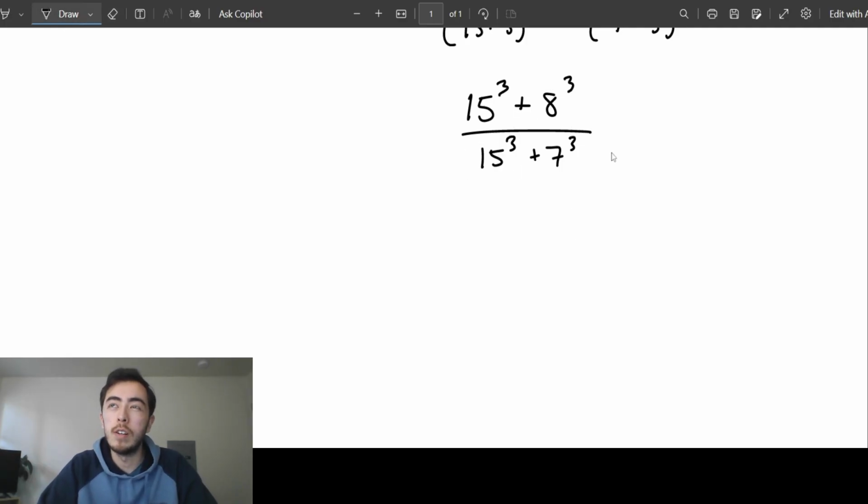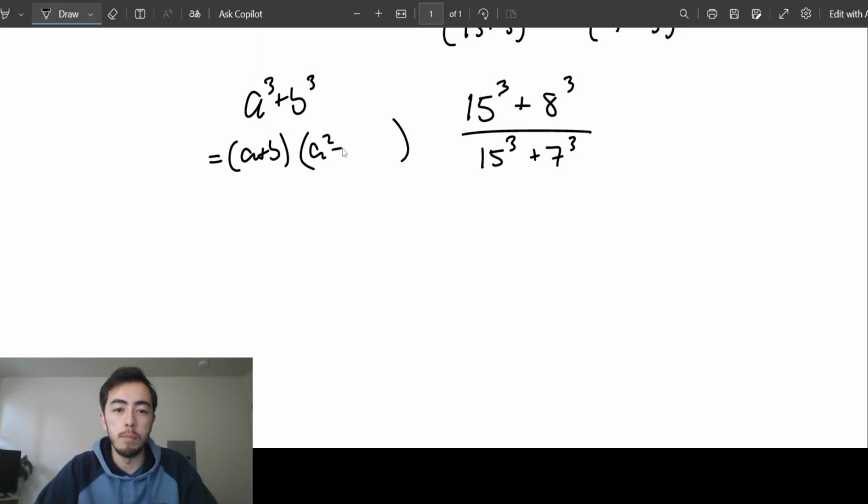I think here, trying to think of the same idea of reducing fractions, I want the sum of cubes formula. I believe a cubed plus b cubed is the same as a plus b, and then times a squared minus ab plus b squared.